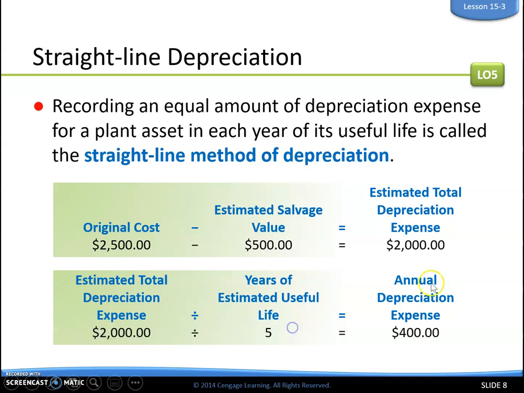We're going to take that depreciation value, $2,000, divided by here we're estimating the useful life will be 5 years. 2,000 divided by 5 is $400 of annual depreciation expense each year. So over the 5 years that we owned this plant asset, we are estimating that it's going to lower in value by $400 a year.